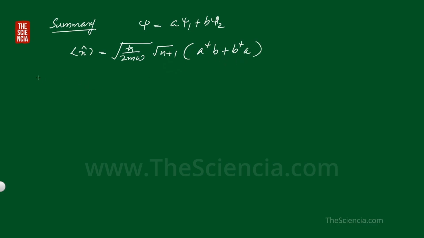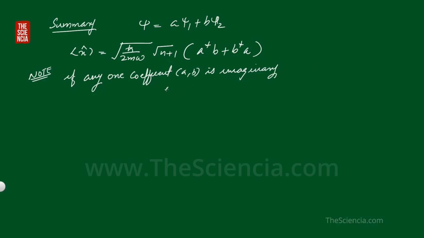And I told you one important note, that if any one of the coefficients, a or b, is imaginary, then the expectation value of x will be equal to 0. And if it is not imaginary, then you will get a value.